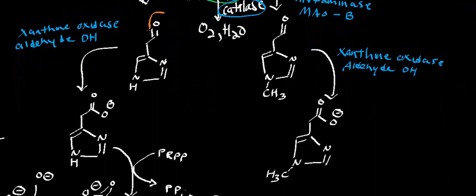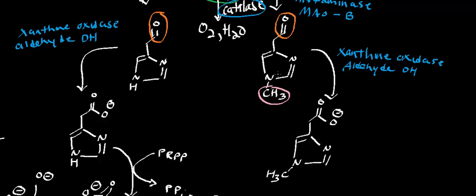So these are the aldehydes that I was talking about. Okay, these are the aldehydes. The one on the left is the metabolite of histamine, the product of histaminase. The one on the right is the product of histaminase and monoamine oxidase B when it metabolizes N-methylhistamine. And note that the methyl group is still present right here.